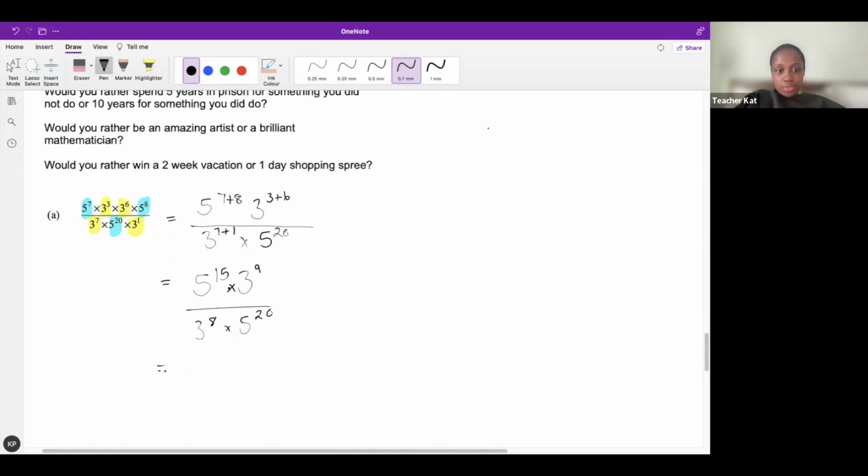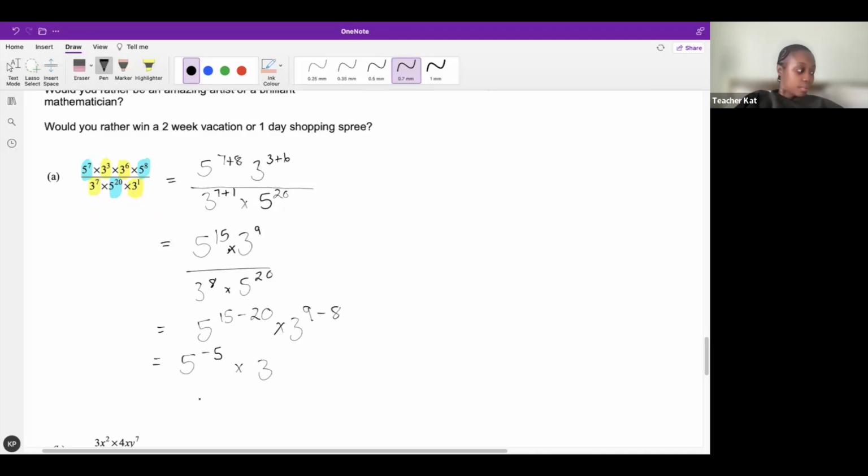Now, what are we going to do since we are dividing? Now, there we go. So it's going to be 5 to the power of 15 minus 20 times 3 to the power of 9 minus 8. What's 15 minus 20? Negative 5, times 3 to the power of 1, which is just 3. Now let's go on our calculators and figure out what this is.